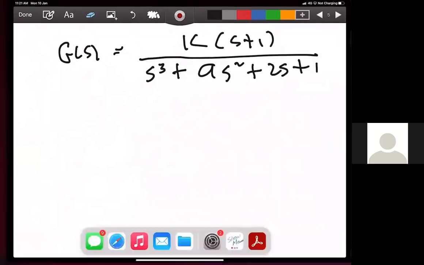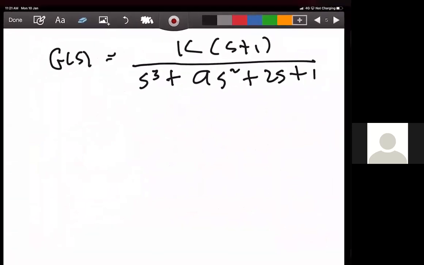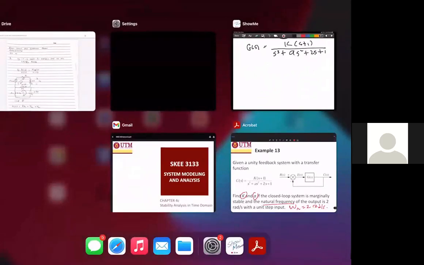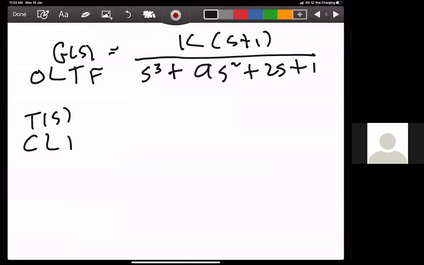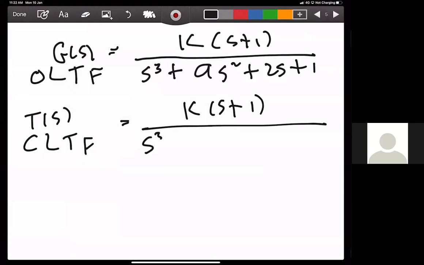Yes. This one is open loop. Closed loop: K S plus 1 over S power of 3 plus A S square plus 2S plus KS plus 1.